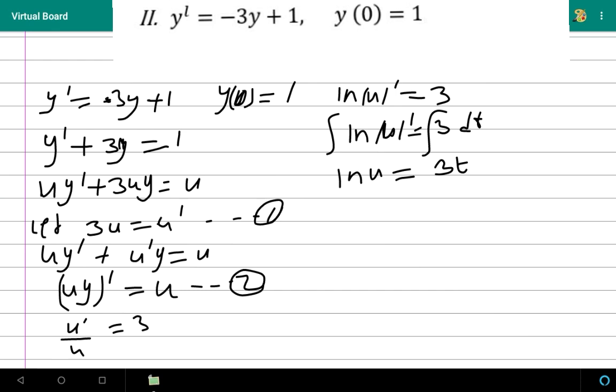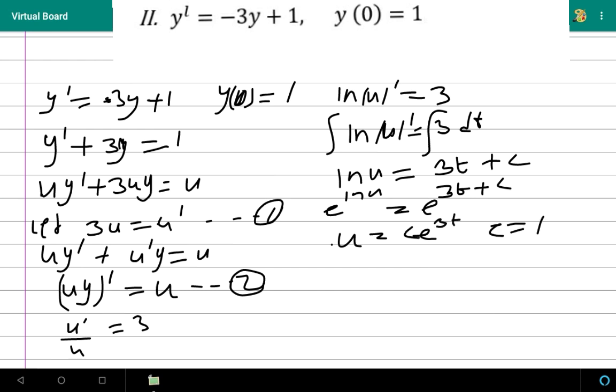Now plus a certain constant. When you're integrating, there's always a certain constant that will be added, but in this our case, this one will always be equal to 1, okay? So take the e on both sides, e exponent 3t plus c. So it means that my u will be equal to e exponent that, where c is equal to 1, implying that u is equal to e exponent 3t, okay?